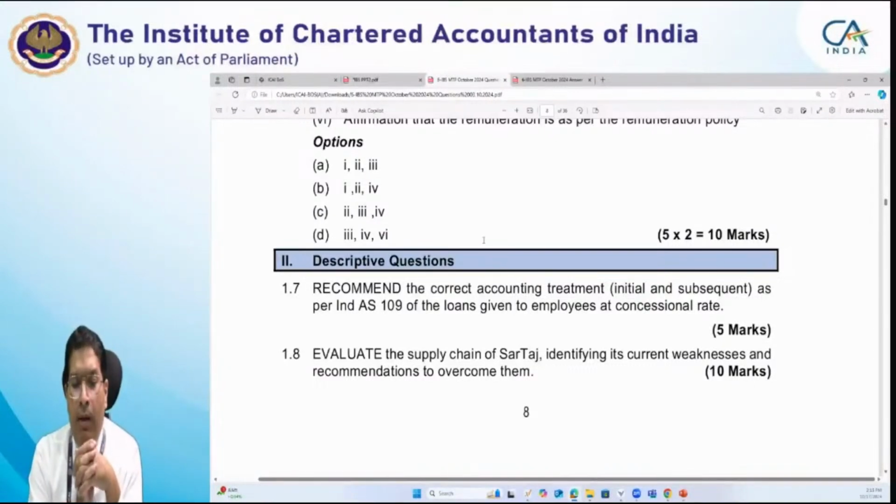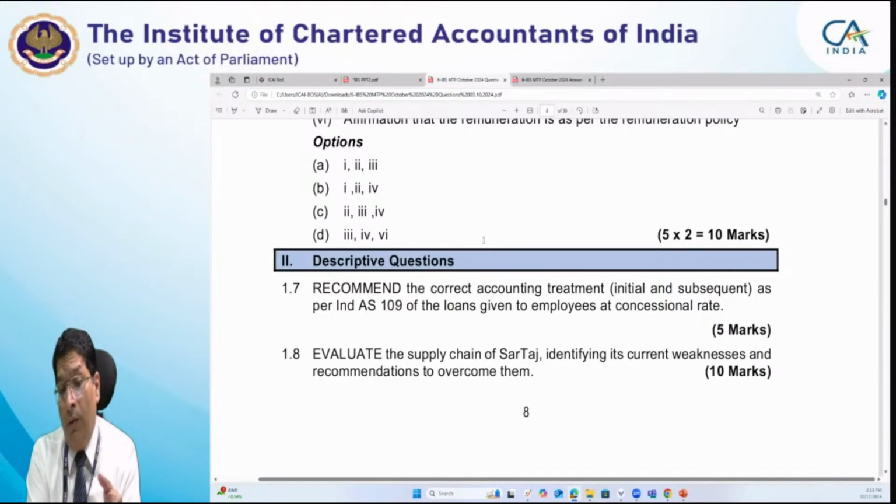Question 1.7 says recommend the correct accounting treatment as per Ind AS 109 of the loans given to employees at a concessional rate. It means we will find in this case study some particulars related to loans.